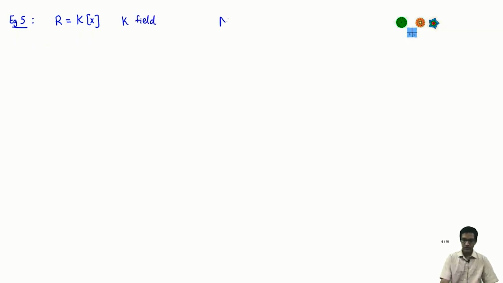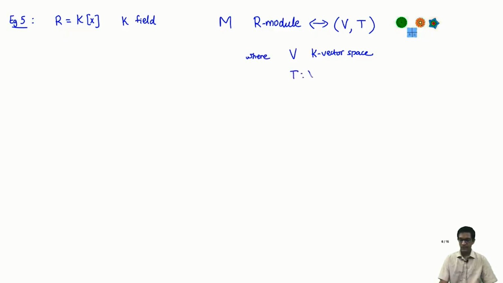And here again, let's say M is an R module, and recall that modules over the polynomial ring K[x] are the same as having a vector space V together with a linear operator on it, where V is a K vector space and T from V to V is a linear operator.